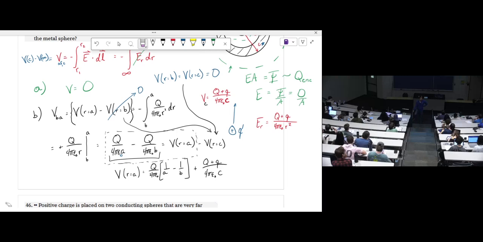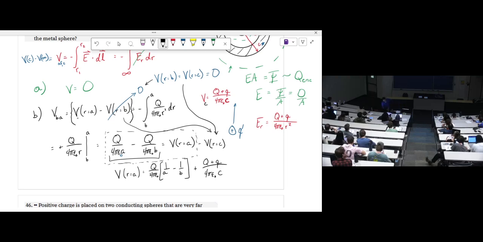And so in part B, I was measuring between walls B and A. And so I have to consider that V from B to A is going to be minus V at R equals A minus V at R equals B. It just so happened that since we'd already found in part A that the potential at C was 0, then that means the potential at B is 0 because the potential is constant through the walls of a conductor in static equilibrium.